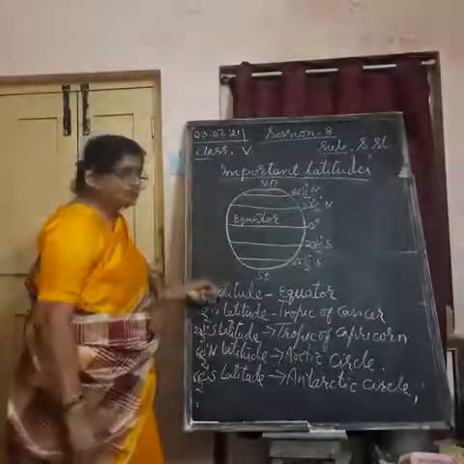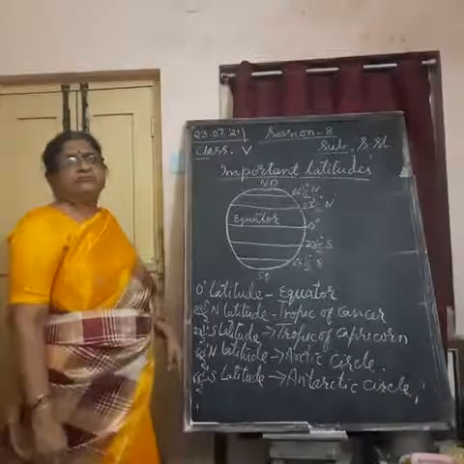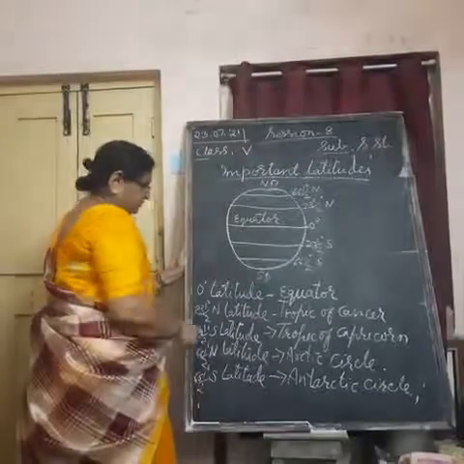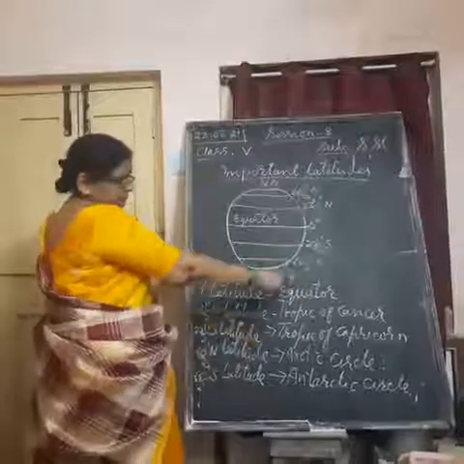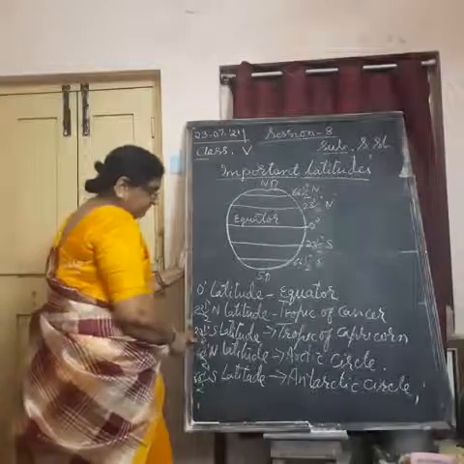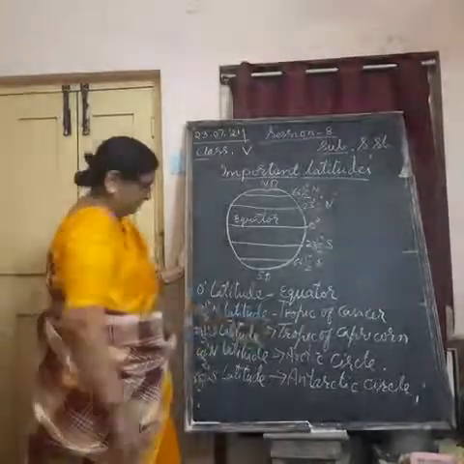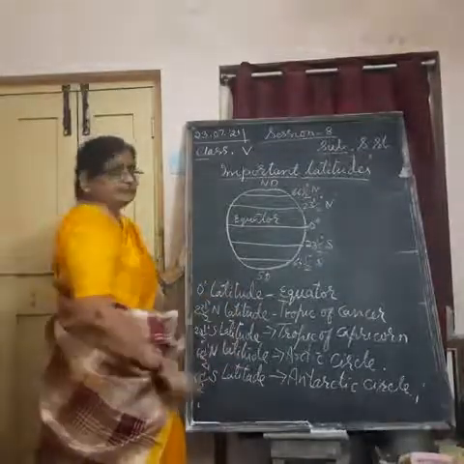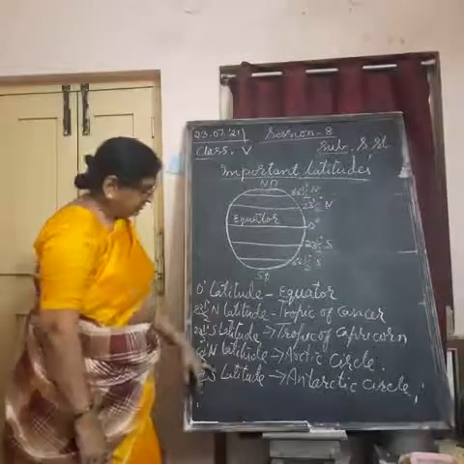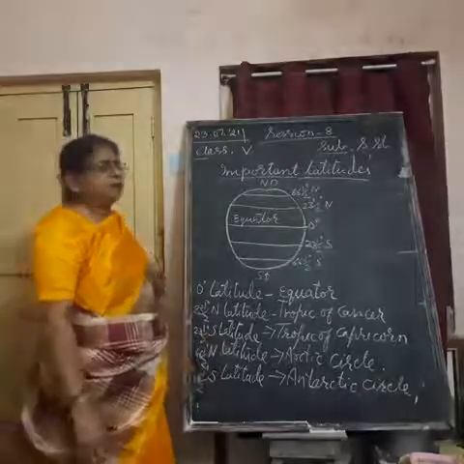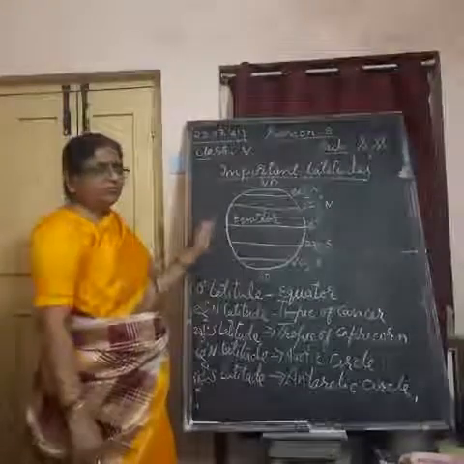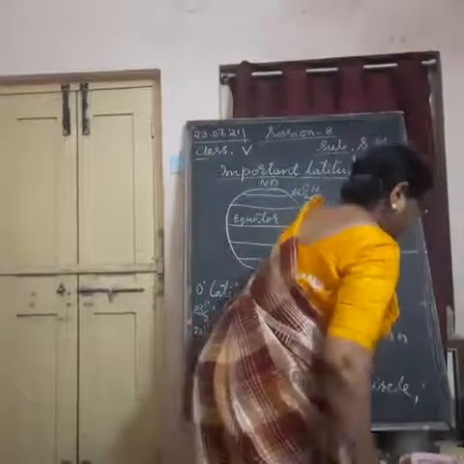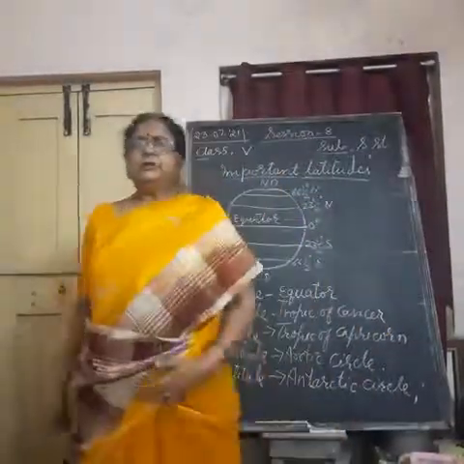Under it, leaving 2 lines, you are going to write the names of the important latitudes. 0 degree latitude is called the equator. 23.5 degrees north latitude is called Tropic of Cancer. 23.5 degrees south latitude is called Tropic of Capricorn. 66.5 degrees north latitude is called Arctic Circle, and 66.5 degrees south latitude is called Antarctic Circle. This is the way you are going to draw the important latitudes in your notebook.